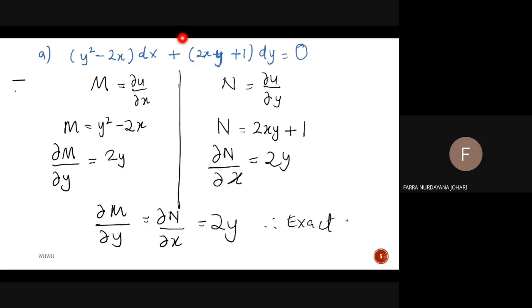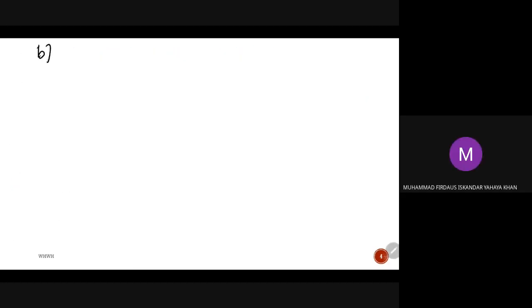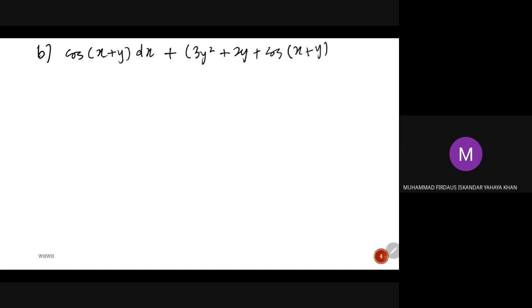Okay, now let's proceed to B. What is question B? cos(x plus y) dx plus (3y square plus 2y plus cos(x plus y)) dy equals 0, right?